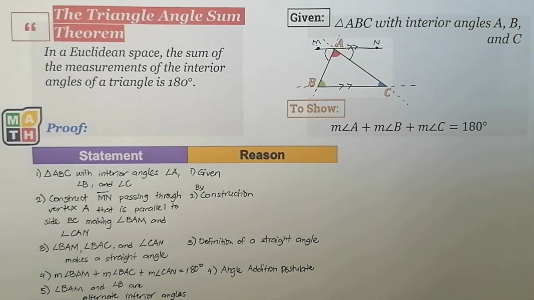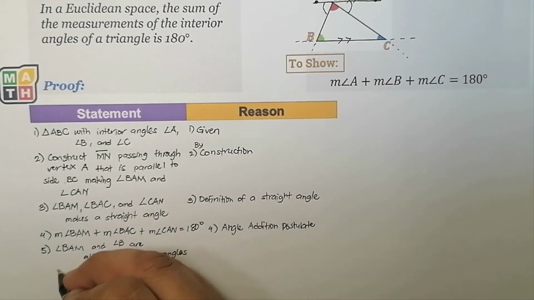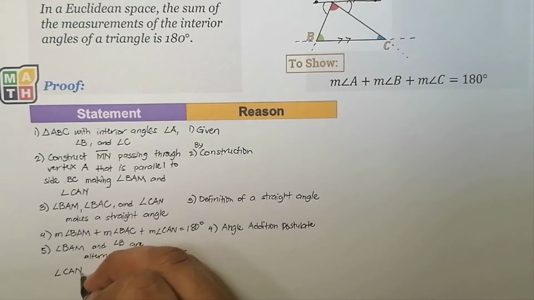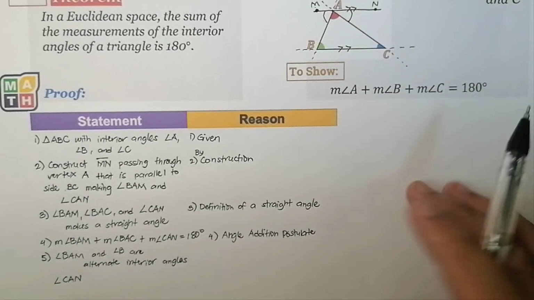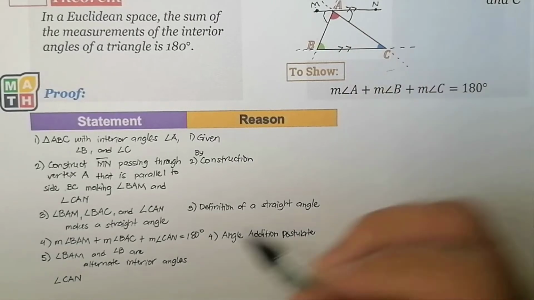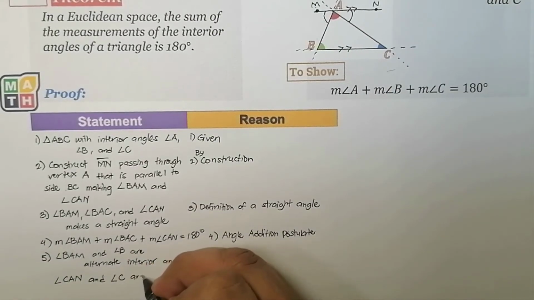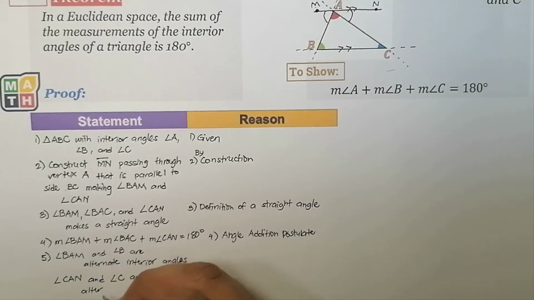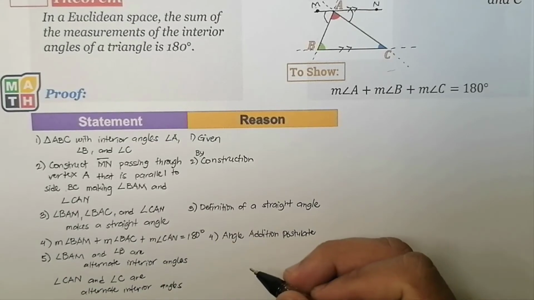So we could also write it here. Let's move it a little bit higher. We have angle CAN and angle C are alternate interior angles.